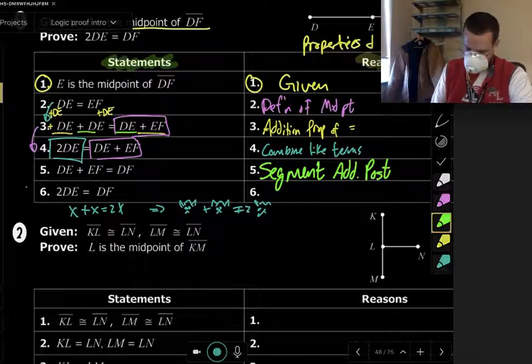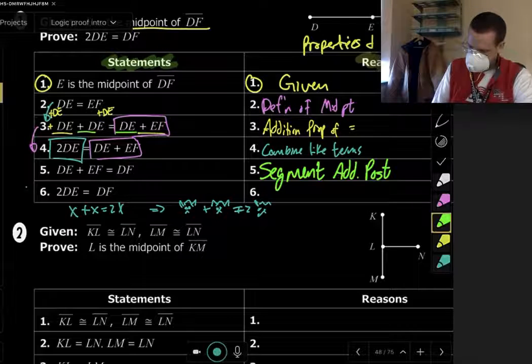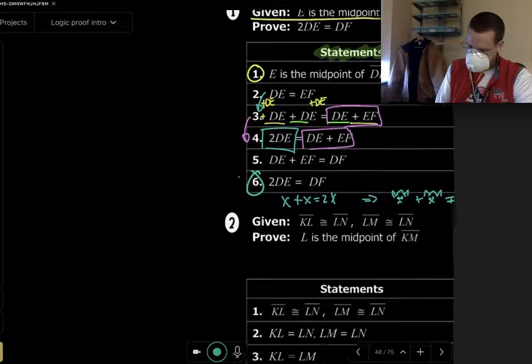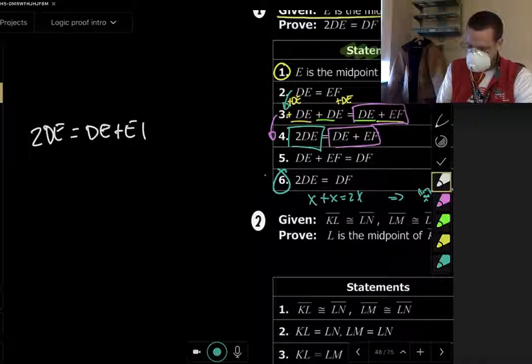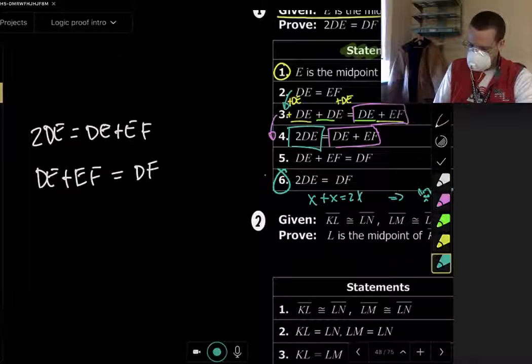And so what are we doing here? Notice that we make a conclusion at the very end. We go from 2DE is equal to DE plus EF, and DE plus EF is equal to DF. And now we're saying 2DE is equal to DF.